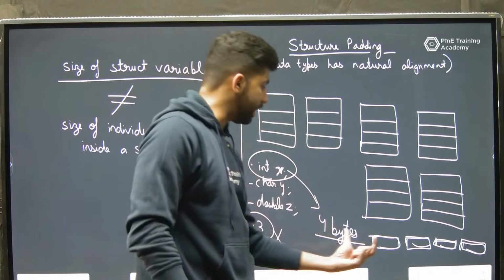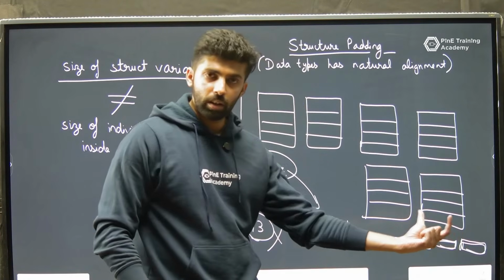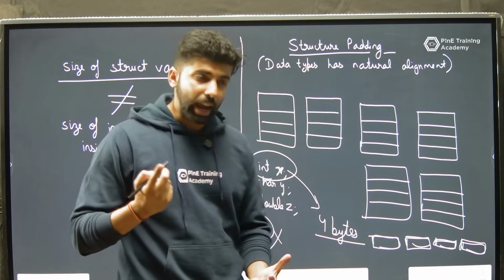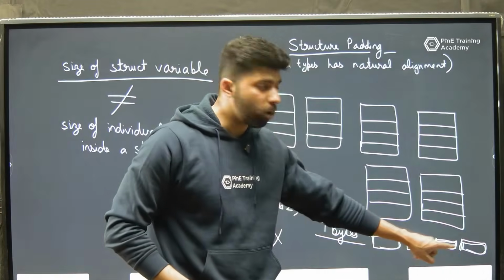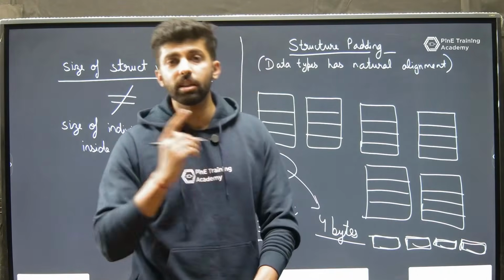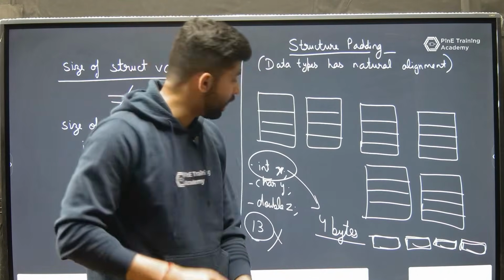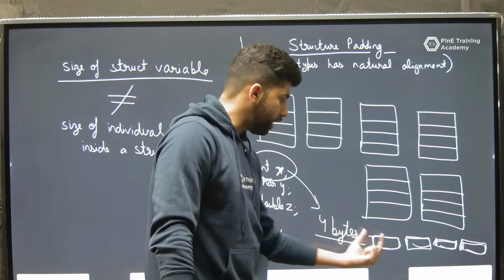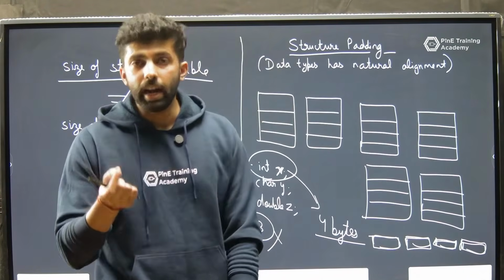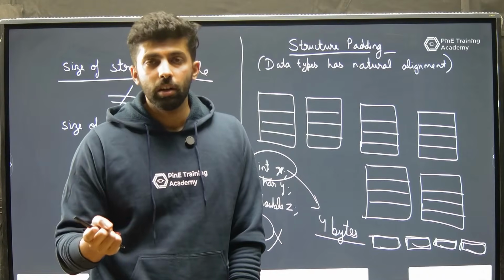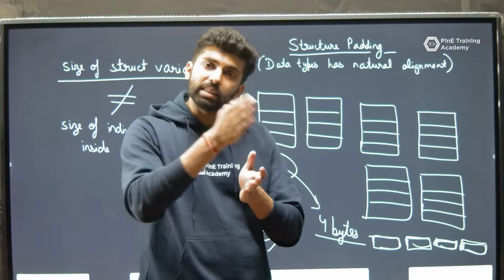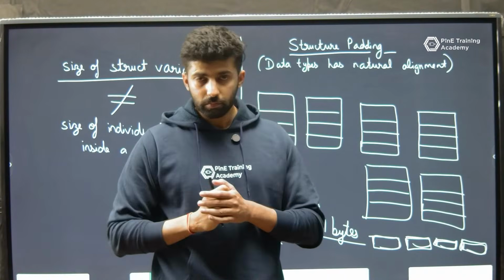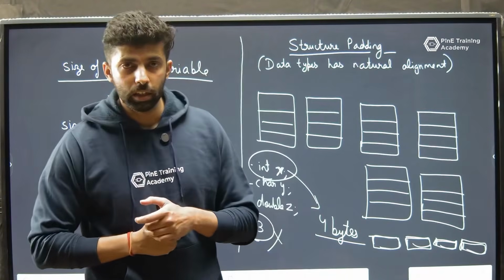Why? Because to read an integer, it will have to read 4 times. It will have to access the memory 4 times because our integer was stored in 4 bytes. So if it reads 1 byte at a time, to read one integer, it will have to access the memory 4 times, which is an expensive operation.